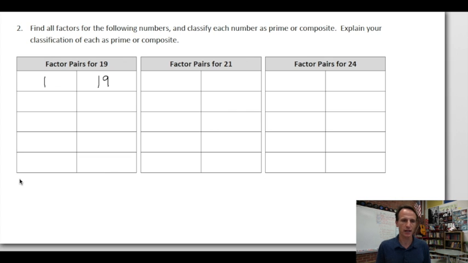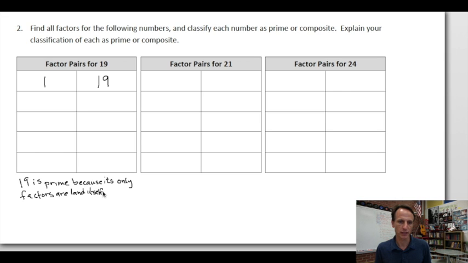So 19 is prime, and I'm going to explain my classification: it is prime because its only factors are 1 and itself.